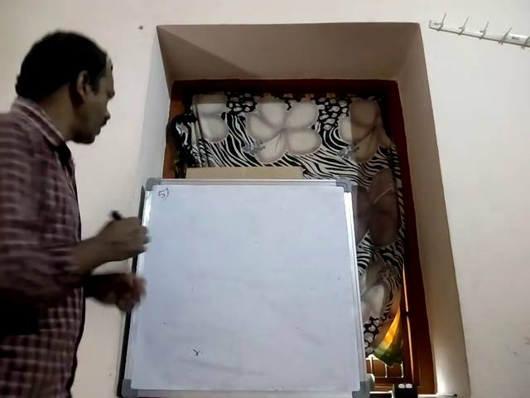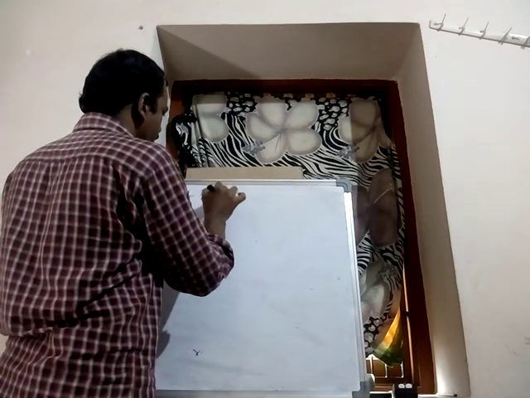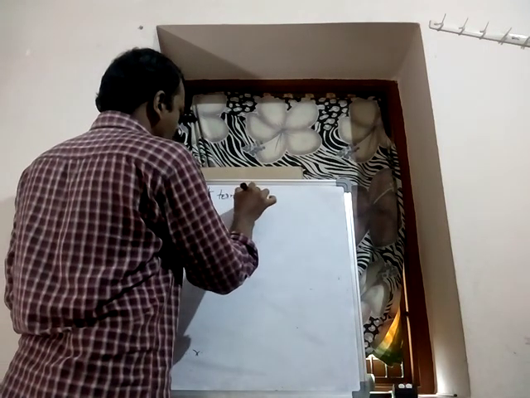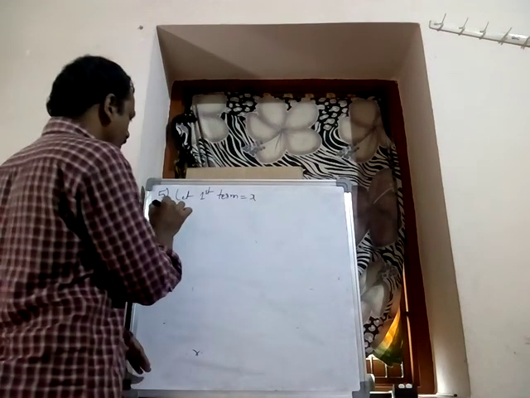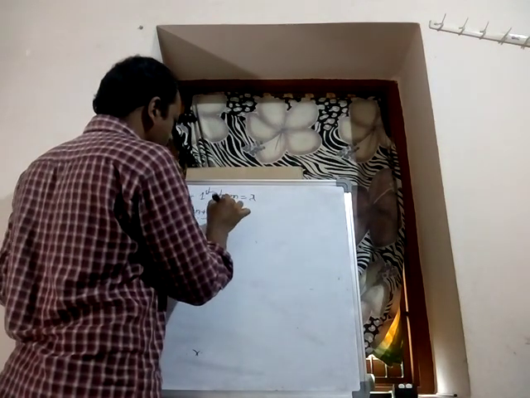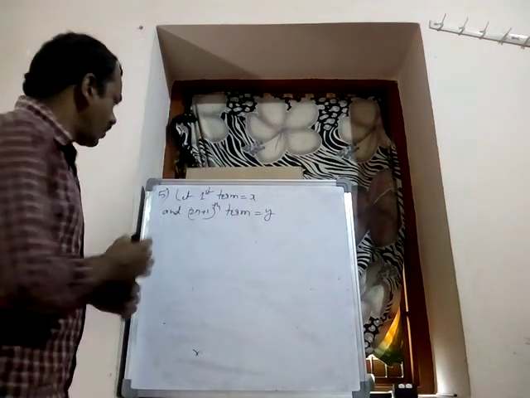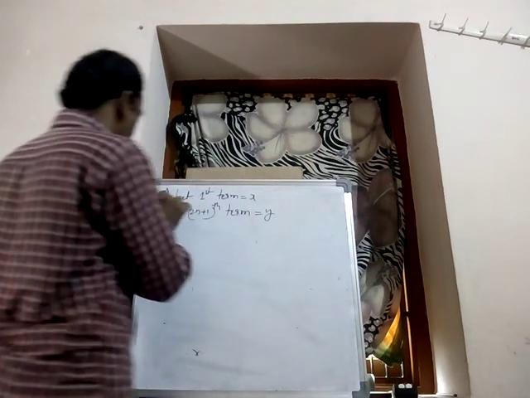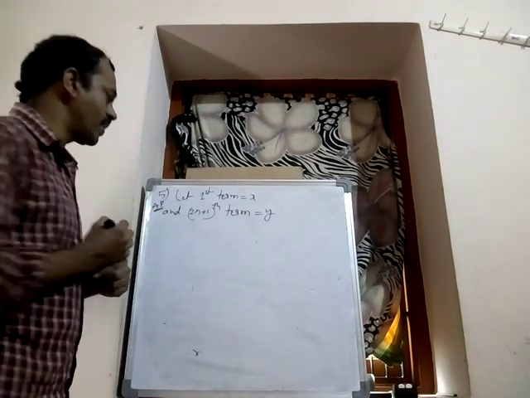Okay, so we don't know first term, so that's why let first term taken as x. Okay, and 2n plus 1th term taken as y. Okay, so now if you take this in AP, what is the formula for 2n plus 1th term?